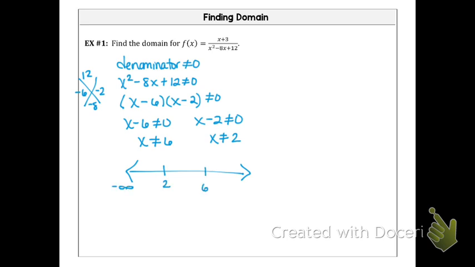So I'm going to put my infinities, put my 2 and my 6. If I can't equal them, remember, that means you can equal everything else. So everything to the left, everything in between, and everything to the right. And so we can see that our domain is negative infinity to 2, union 2 to 6, union 6 to infinity.